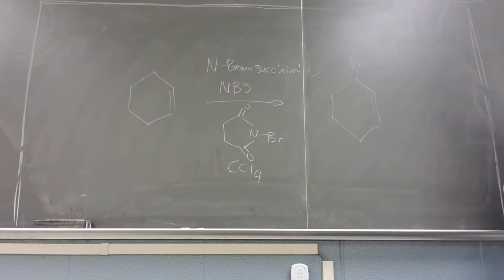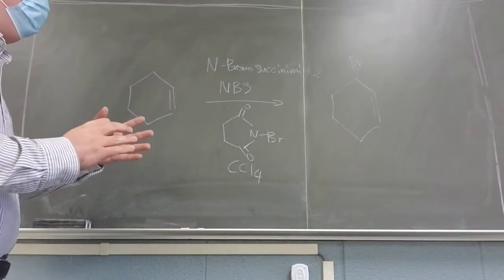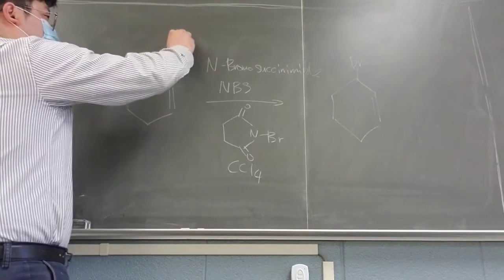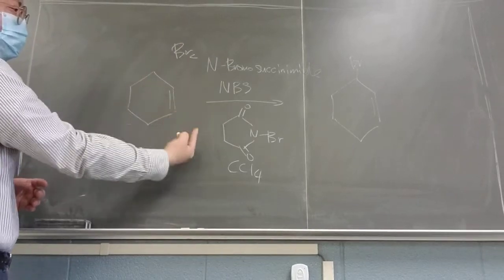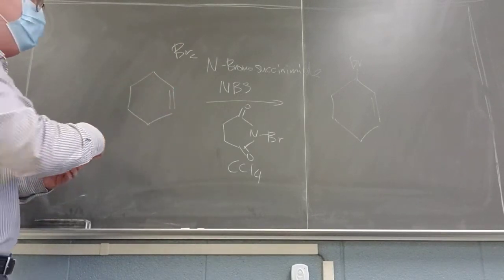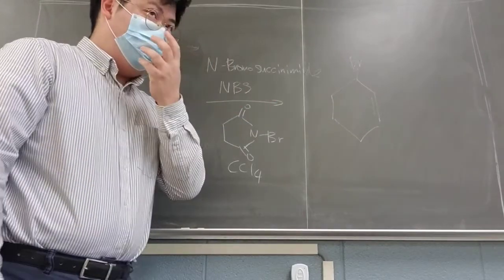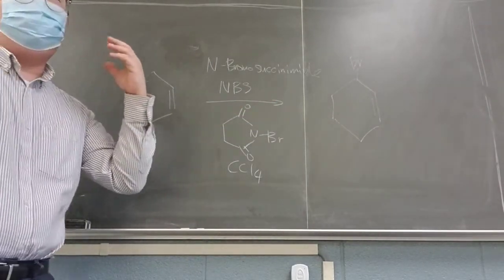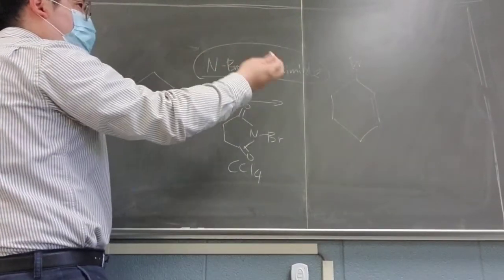Okay, so this is a bit different from what we did before, right? If you do have a regular bromination, it could have been just these two positions on the opposite side, right? You could remember this, right? But if you use N-bromosuccinimide, meaning you're going to have a radical initiation.